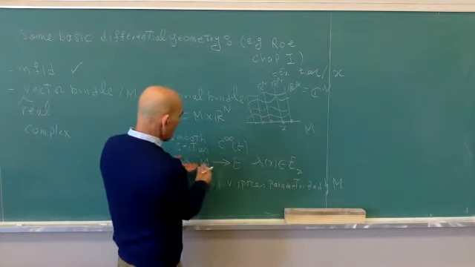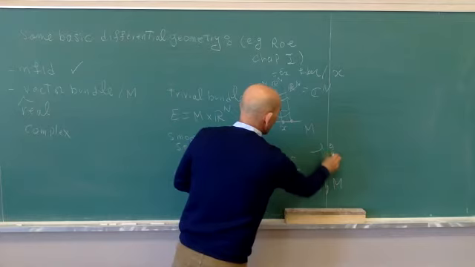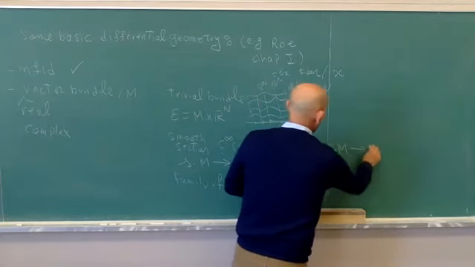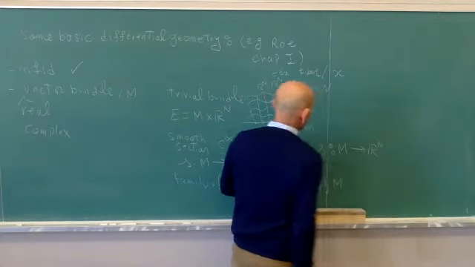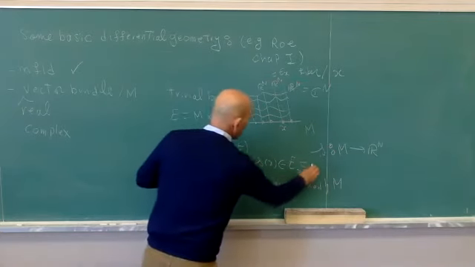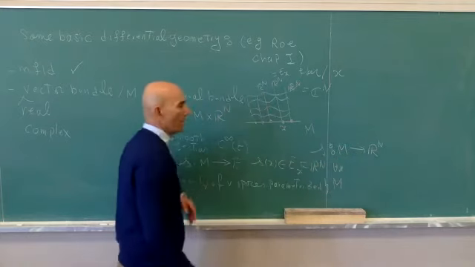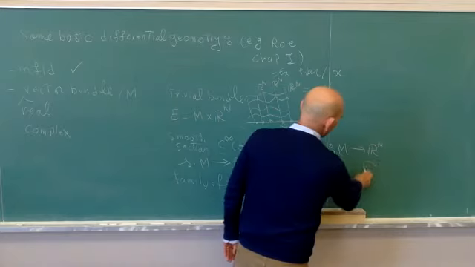In this trivial case, sections are just maps s from M to R^n, because all fibers are the same, R^n for all x. So you just go to R^n or to C^n.